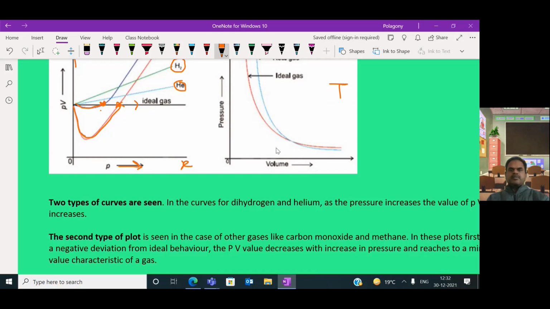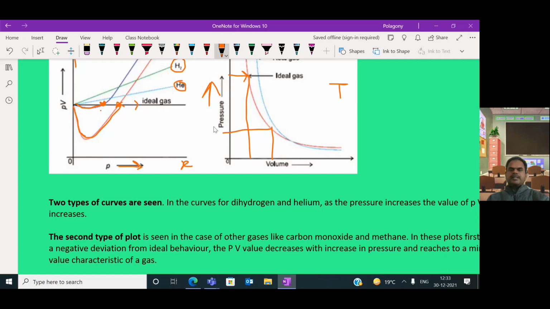When the pressure increases, the volume decreases. For example, at high pressure the volume of the gas is here, and at low pressure the volume of the gas is here.